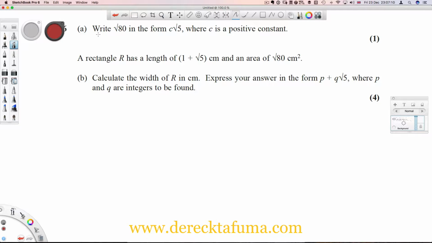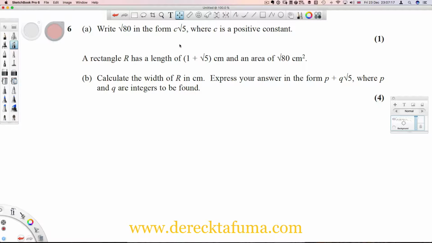Right, so number 6. Let's move it a little bit to the left, to the right. Right. So number 6 says the following. Write root 80 in the form c root 5, where c is a positive constant.